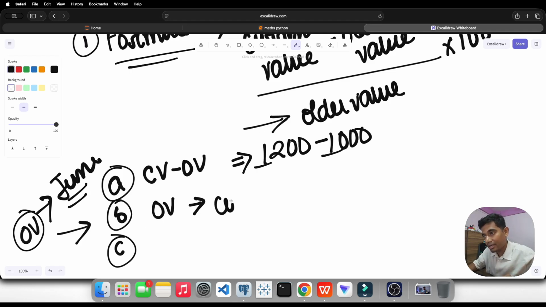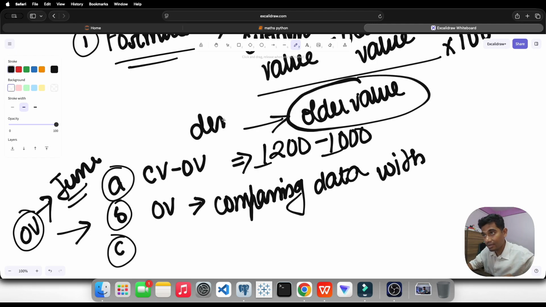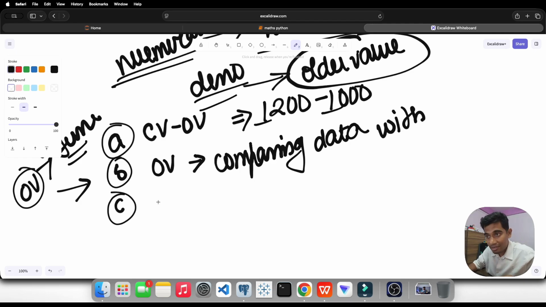Whatever data we are comparing it with will be in denominator. Whatever the actual comparison we will be doing, it will be in numerator, right? So numerator and denominator, right? So this forms a fraction, and for the percentage just multiply it by 100, right?